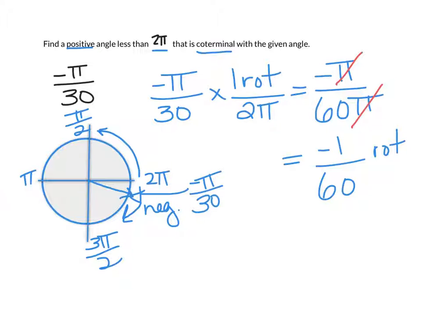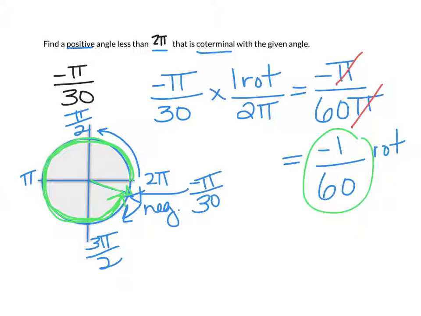Now that I can see where that is on my unit circle, I need to find a coterminal angle that's positive. So for that, I'm just going to move to a green. Starting here, my coterminal angle in the positive direction is going to go this way. It still lands in the same position, but now I'm looking at this big angle here, and you can see that the angle goes well beyond the 3/4 rotation mark, almost up to the 2 pi mark, almost a full 360 degrees, but it's minus 1/60th of a rotation.